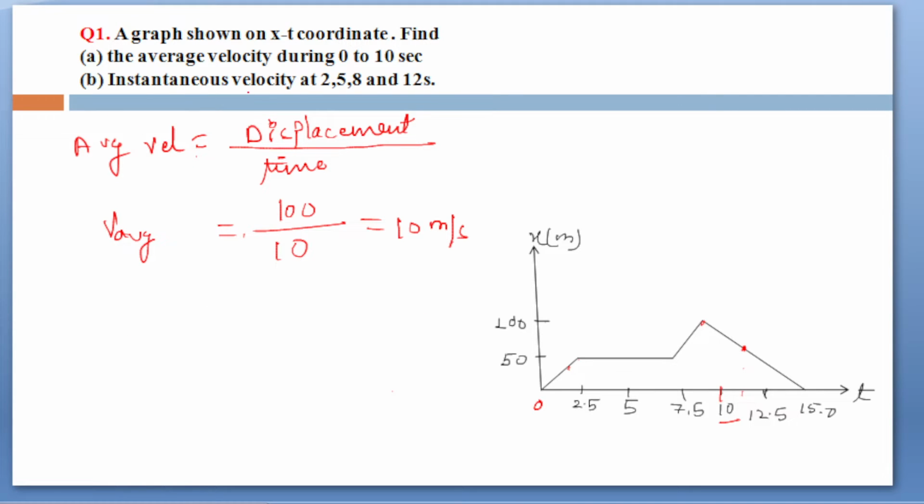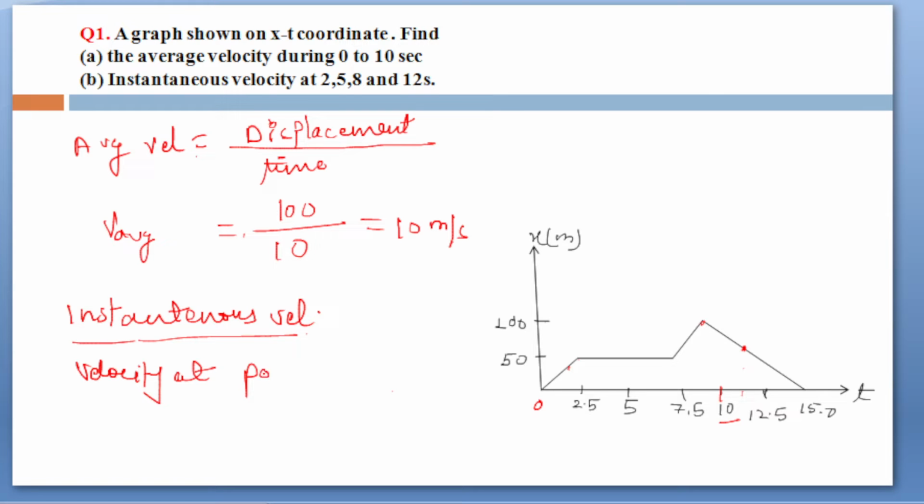And the second question says that we have to find the instantaneous velocity. So instantaneous velocity, which is the velocity at a particular instant.